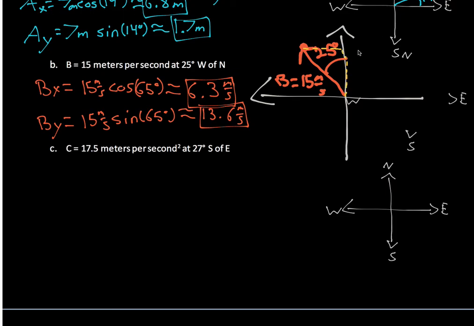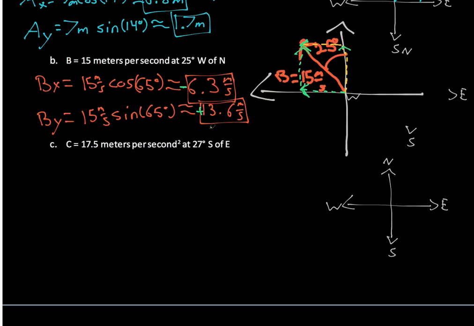Or alternatively, you could think about them here and here. In either case, my x component points towards the left, and my y component points up. My y component pointing up is positive, but my x component pointing towards the left is the negative direction. So I've got to add in this negative direction here. That's an important thing to remember when we're finding the components of vectors: add the directionality to them.